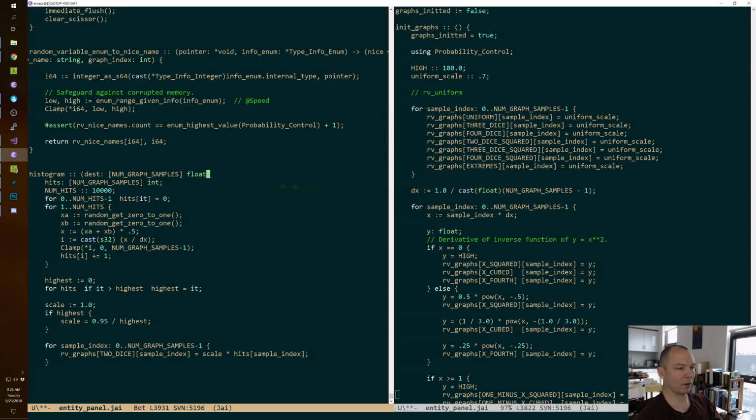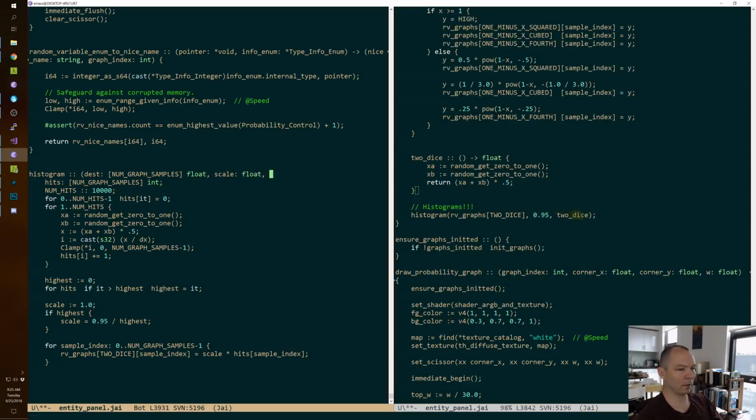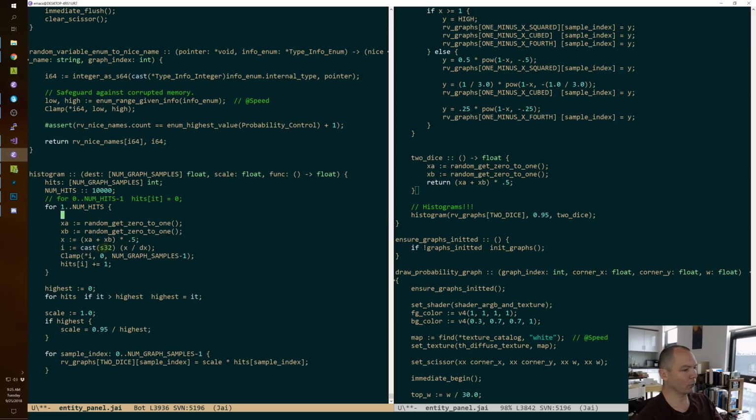And scale is a float, and the function is something that returns a float. Actually, we don't need to clear this if it's a local variable. Y equals func.